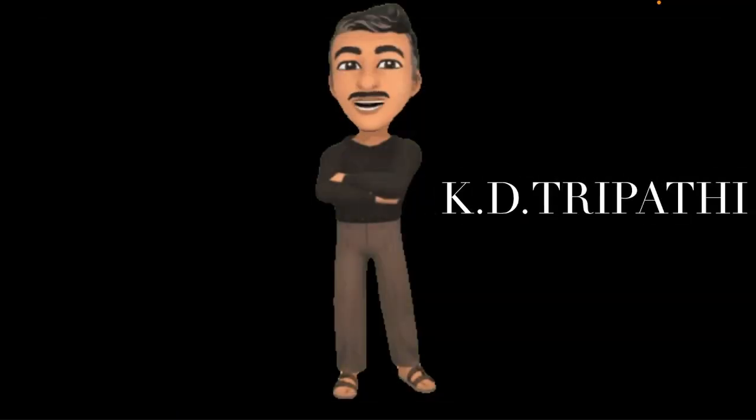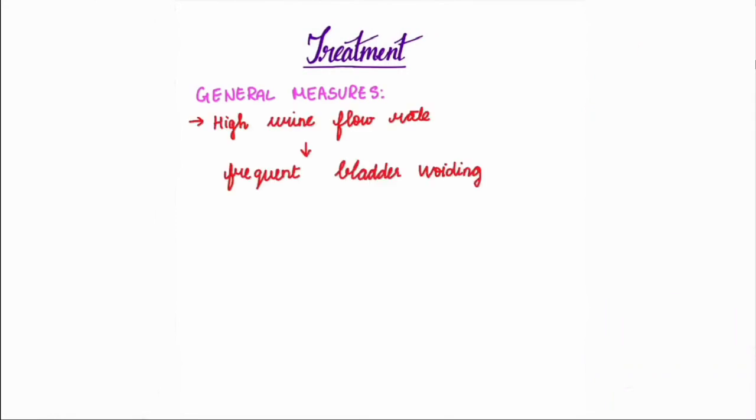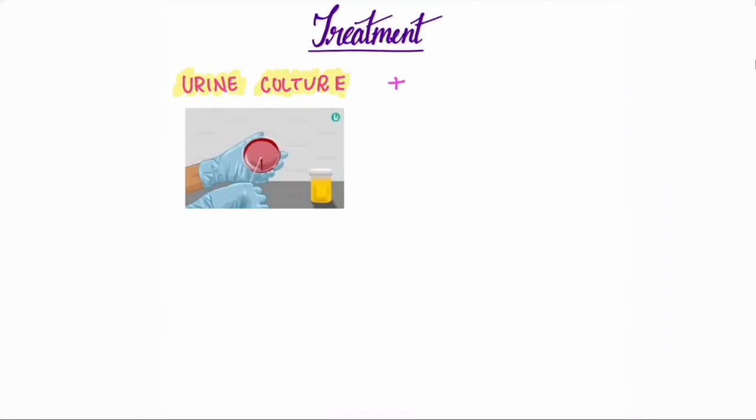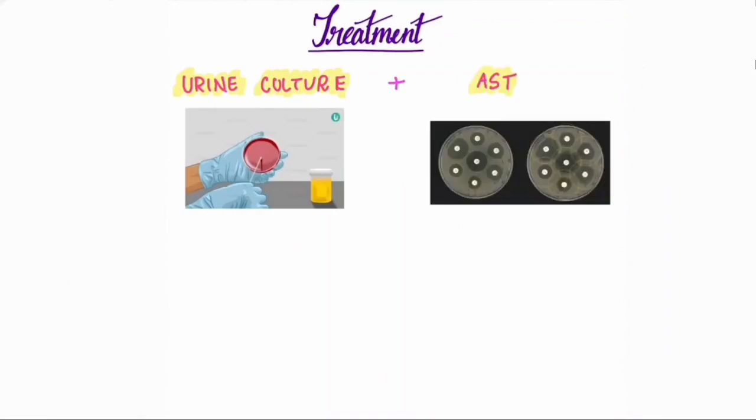Hi, I'm Katie Tripathi, and I'm going to be talking about the treatment of UTI. General measures in treating a UTI include maintaining high urine flow rates and frequent bladder voiding by increased intake of water, and neutralizing the urine by giving a urine alkalizer. A urine culture along with antimicrobial susceptibility testing is done. In cases of severe infections, empirical antimicrobials can be started.